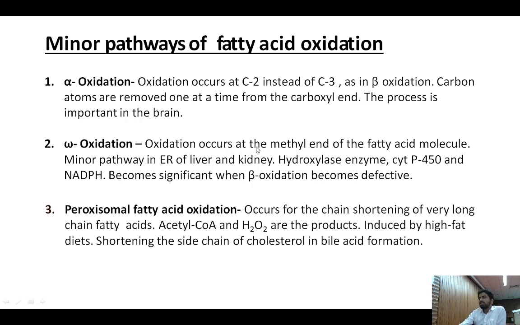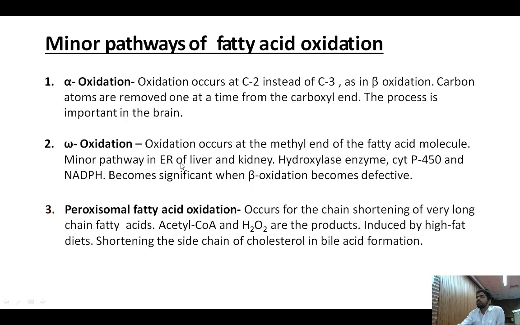Omega oxidation occurs from the methyl end, from the omega carbon. If you remember the lipid chemistry, I told you that omega numbering starts from the methyl end, right? Omega 3, omega 6, that's how we say. But if it is delta, then we have to number from the COOH side. This you have to go back and read in the book. So in omega oxidation, oxidation starts from the methyl end of the fatty acid molecule, and this happens in the endoplasmic reticulum, not in the mitochondria.